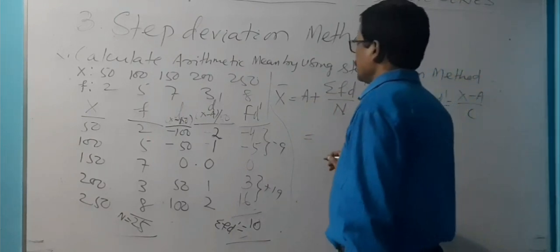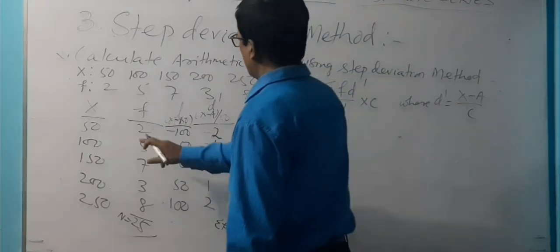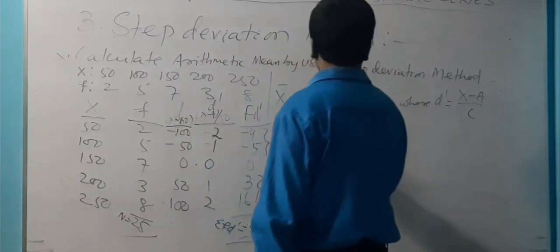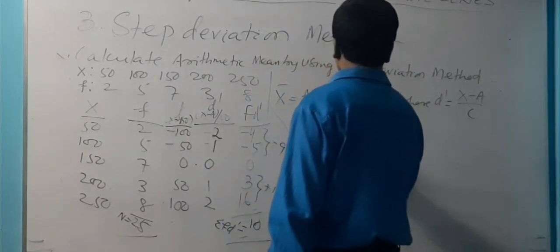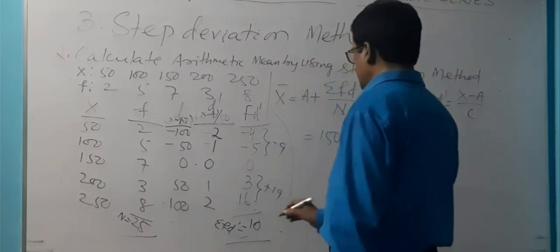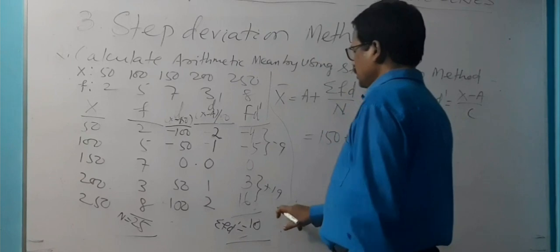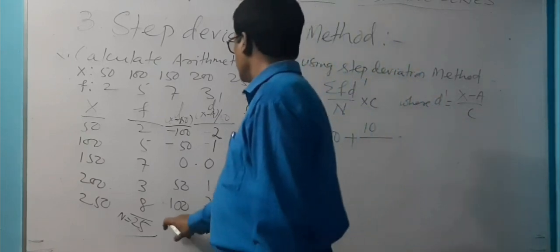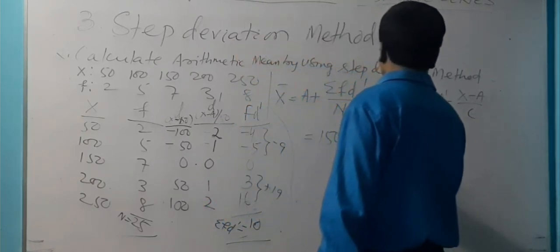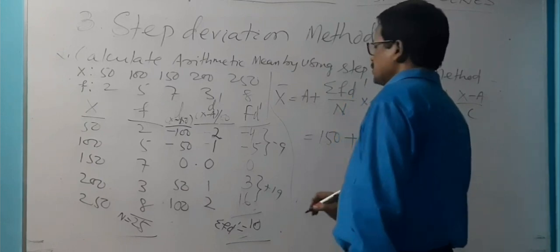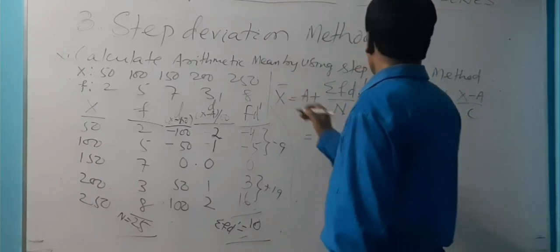What is A? A is 150, plus summation FD dash 10, by N, which is 25, into C. What is the value of C? 50.